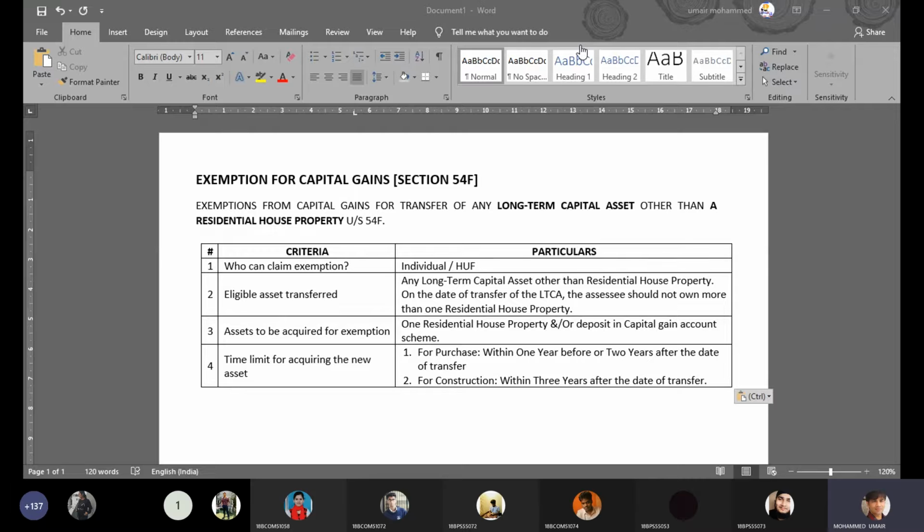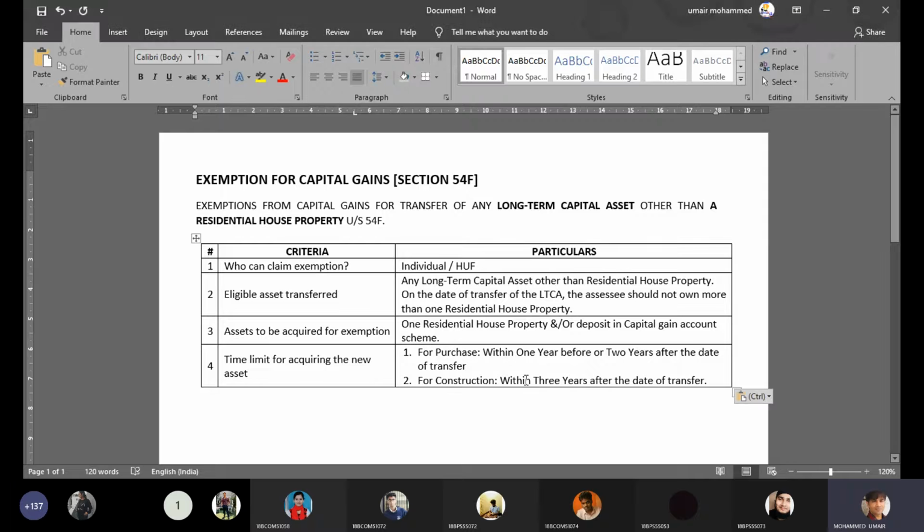So section 54F has resemblance with section 54. 54 says sell house property, buy house property. 54F says sell any long-term capital asset other than residential house property, and with that money you buy another house property. And the other conditions are also similar.